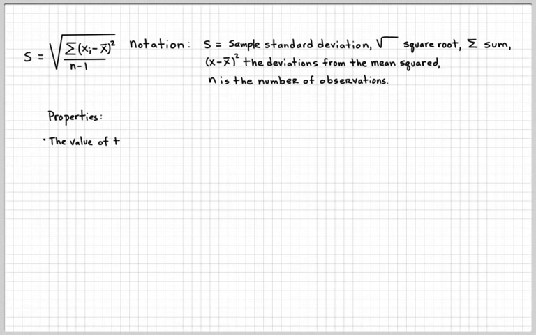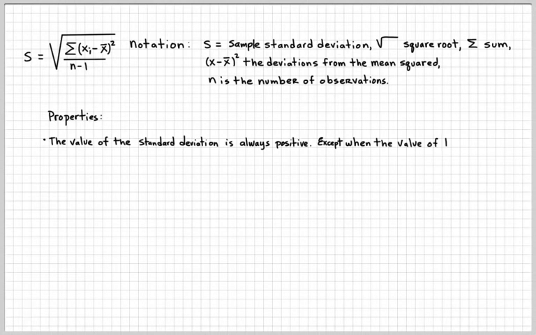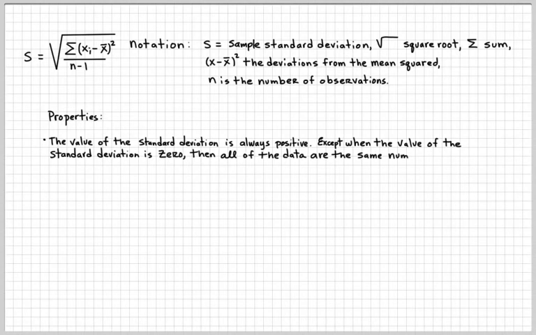And some of the properties. The value of the standard deviation is always positive, except when the value of the standard deviation is 0, which means all the data points are the same.